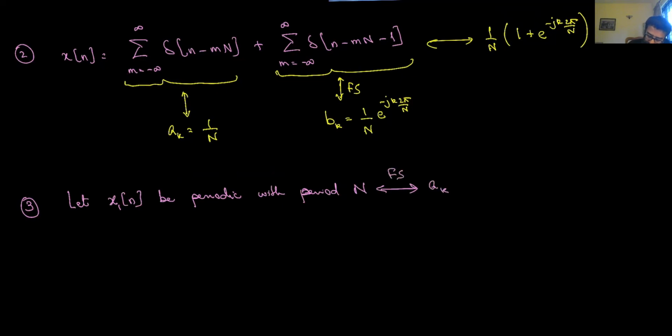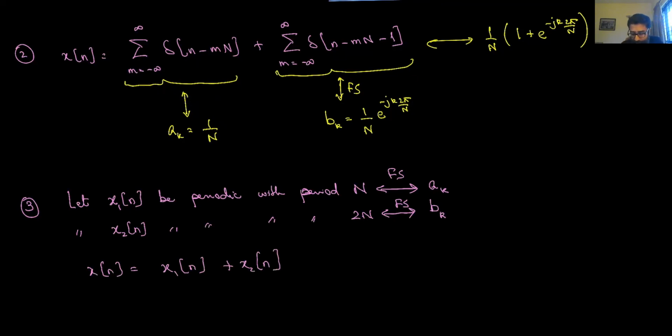And then let there be another signal x2 of n, which is periodic with period 2N. Its Fourier series coefficients are b_k's. I've given you another signal, which is, let me call it x of n, x of n equals x1 of n plus x2 of n.